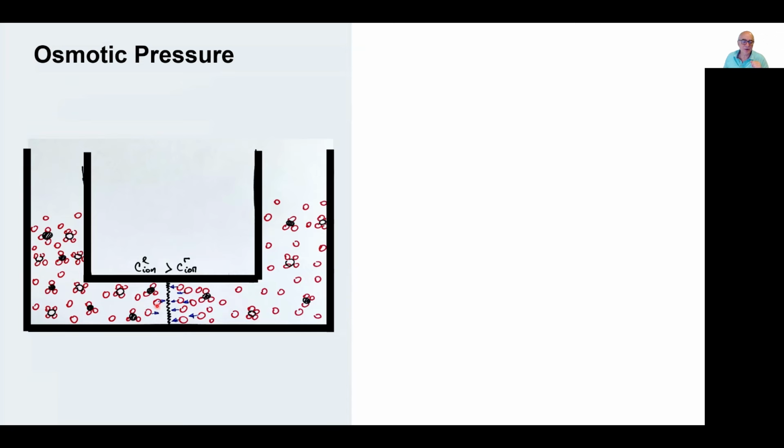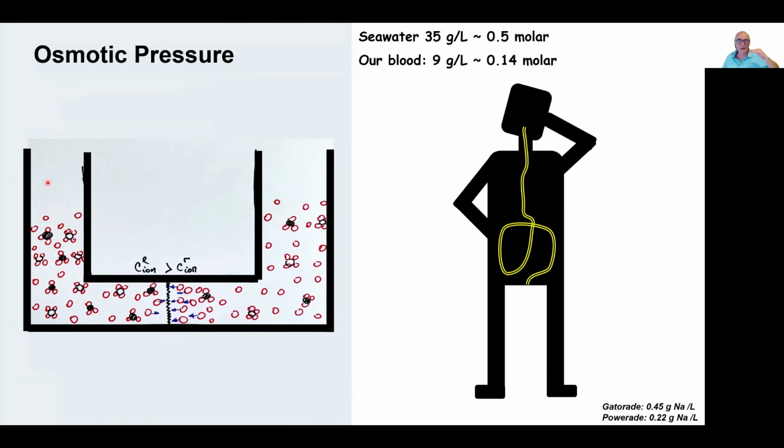Therefore, if I run this experiment, I start with these communicating tubes at the same elevation, and I run the experiment for a while, water will go into the high concentration region, and this column height will go up. And because this column height goes up, at equilibrium the difference between the two heights of the column will tell me the osmotic pressure.